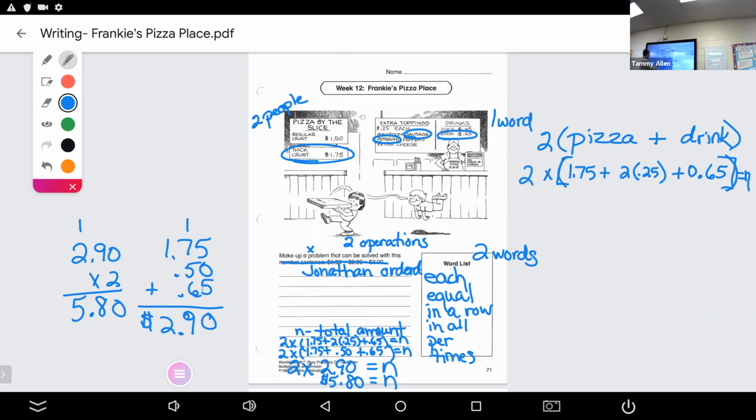One thick crust pizza with pepperoni. 2 thick crust pizzas. We got the thick crust in there, right?